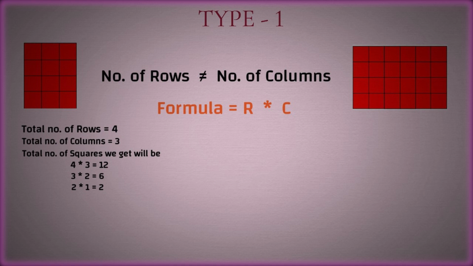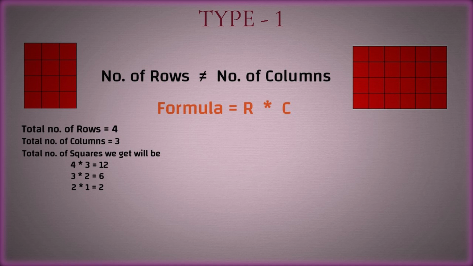So in this technique, we first multiply the total number of rows by columns and write the product on the right hand side. Then in further steps, we keep decreasing the number of rows and columns one by one until either reaches 1. Also, the products that we got on the right hand side are to be added so that we get the total number of squares possible in such figures.